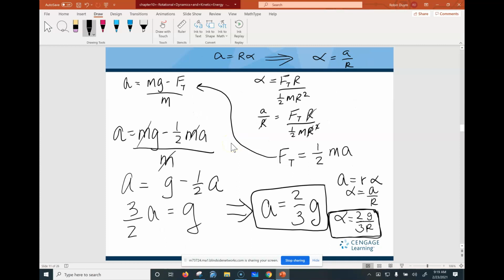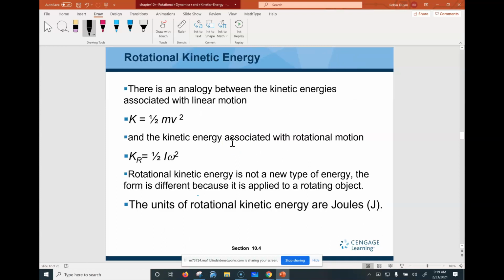All right, we definitely have time for an intro to the kinetic energy part of it. So we already started to talk a little bit about this when we first started talking about movement, right? We said that regular translational kinetic energy is 1/2 mv squared, and our rotational kinetic energy looks almost identical, except that instead of mass, we use moment of inertia, and instead of linear velocity, we use angular velocity.